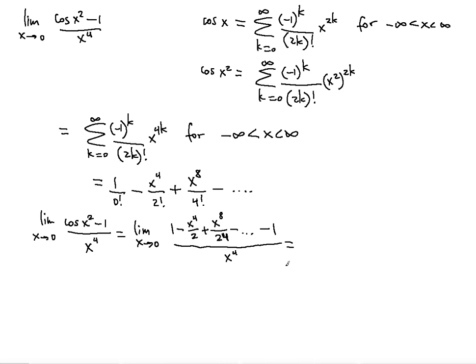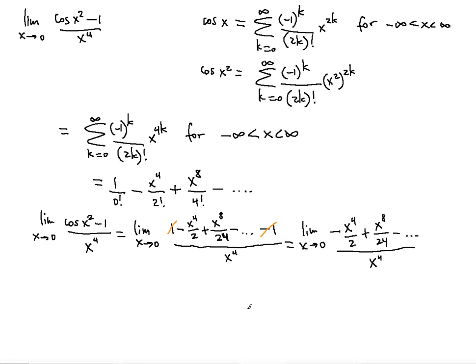Essentially, the 1 and negative 1 cancel out, because 1 minus 1 is 0. So you will have the limit as x approaches 0 of negative x to the fourth over 2 plus x to the 8th over 24 minus etc., and that will be over x to the 4th.